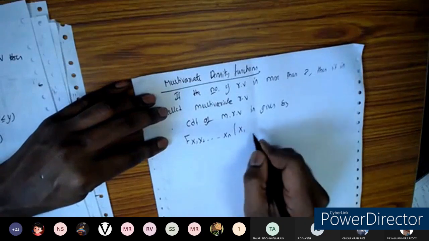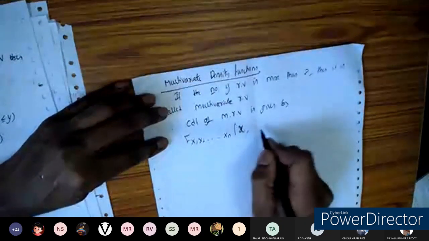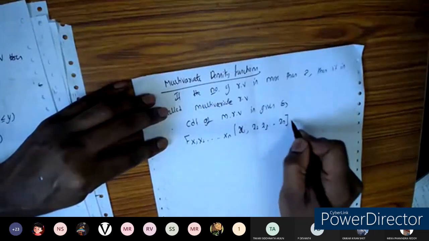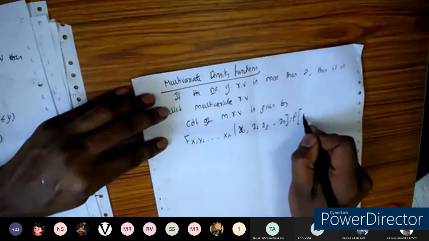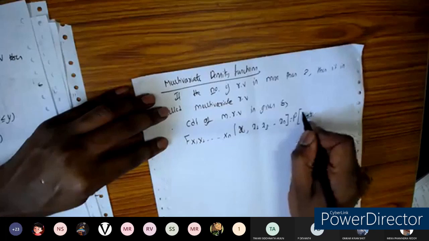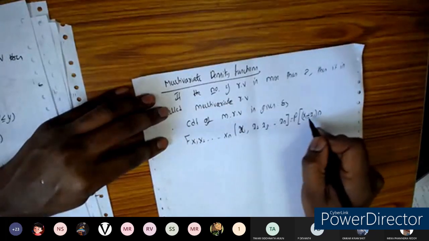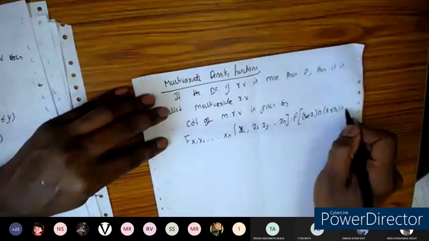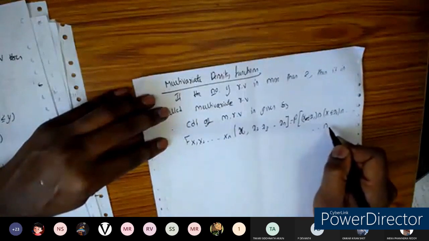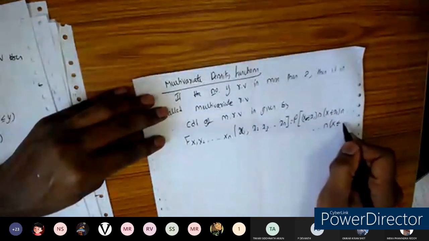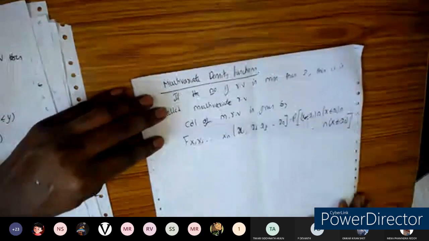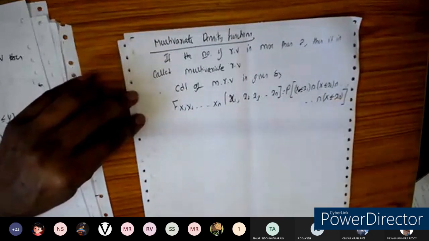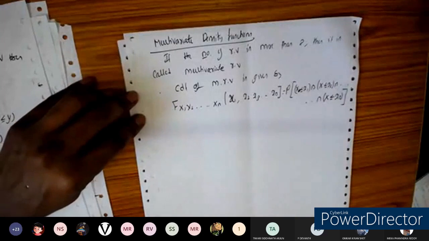This is the probability that X1 can take a value less than or equal to small x1, intersection of X2 less than or equal to x2, and so on, up to X n less than or equal to xn. This is how we define the multivariate cumulative distribution function.